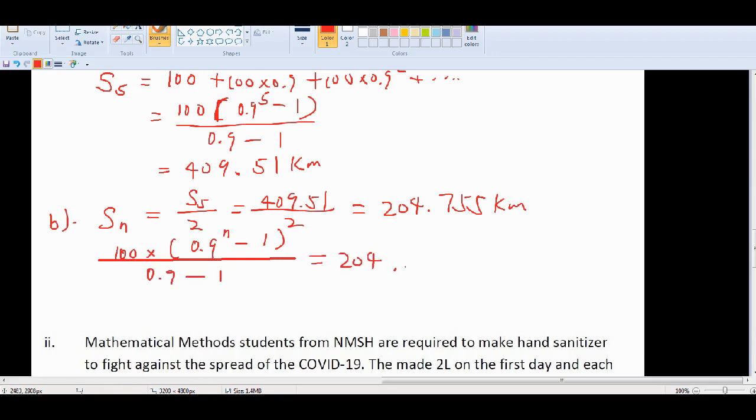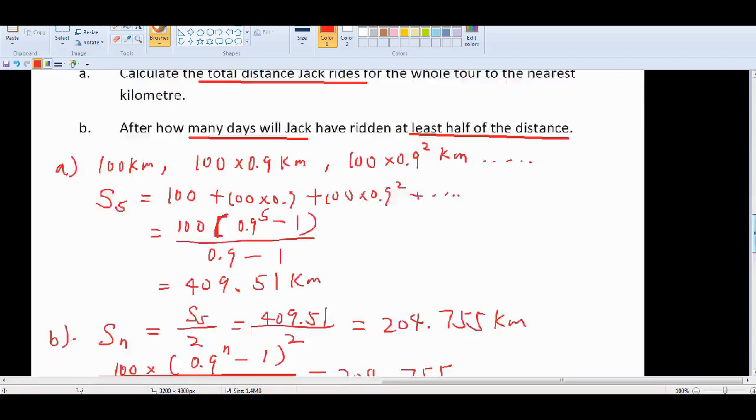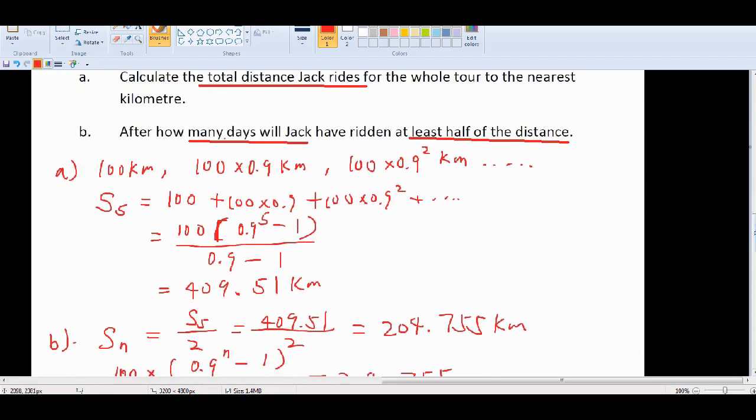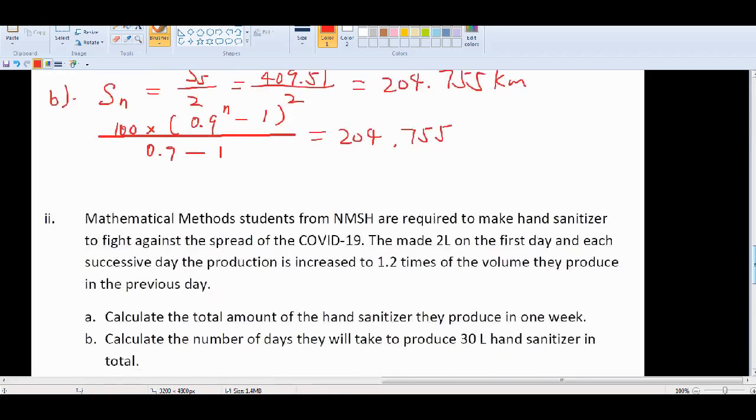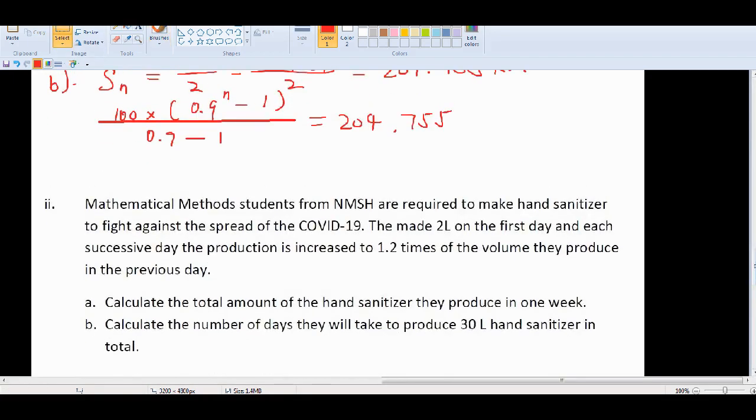We are going to solve this one. Remember, we need to find the number of days, and the number of days is n. Of course, you simplify this expression a little bit before you can solve it.